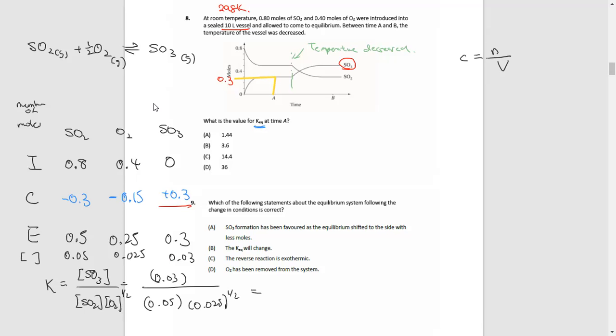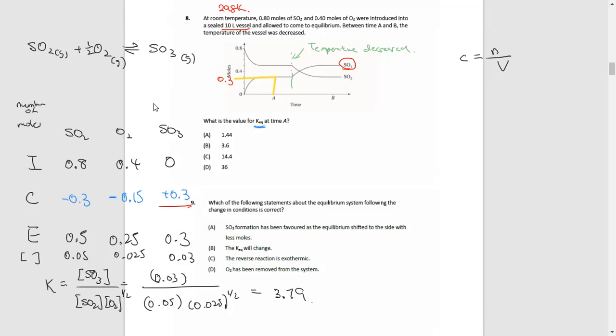And if we use a calculator, oh, 3.79. That's rather odd.